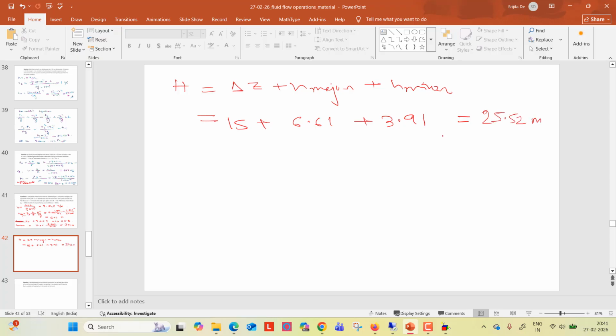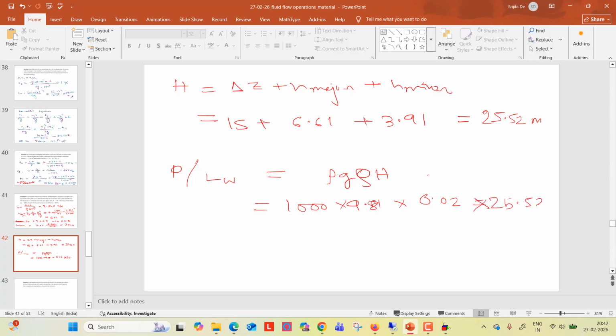Now the total power P is rho G Q into H. So for water, 1000 into 9.81 into Q, which is given as 0.02, and the total head is 25.52.